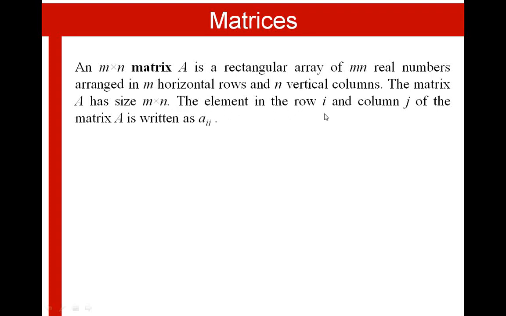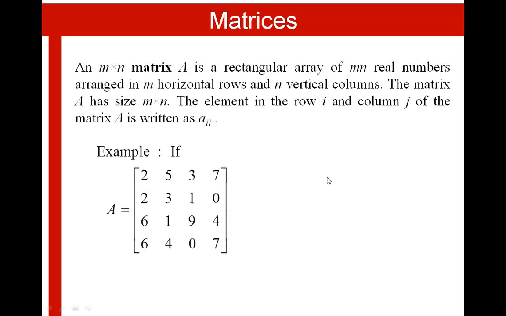The element in row i and column j of the matrix A is written as Aij, where i represents the position of the element in the ith row, and j is the position of the element in the jth column. For example, if A is as shown here, A has the size of 4 by 4. It has 4 rows and 4 columns.